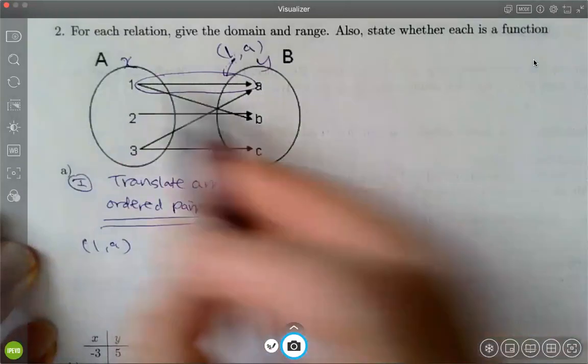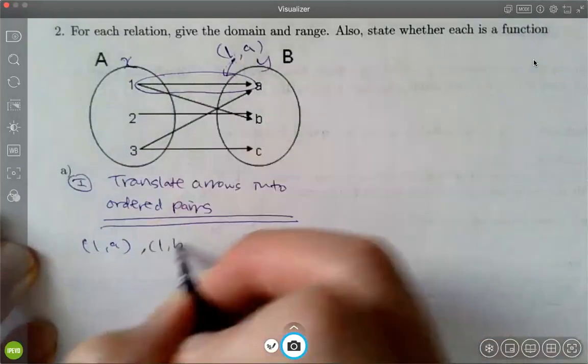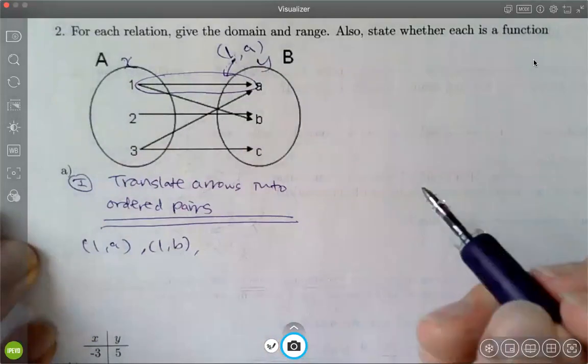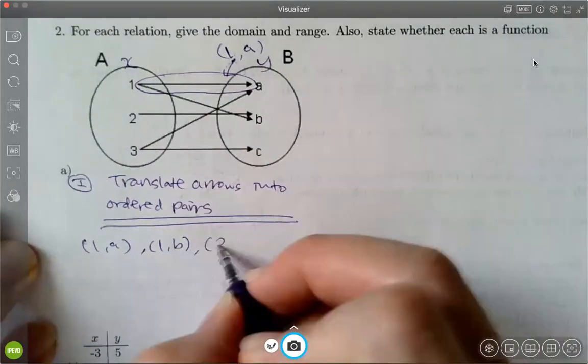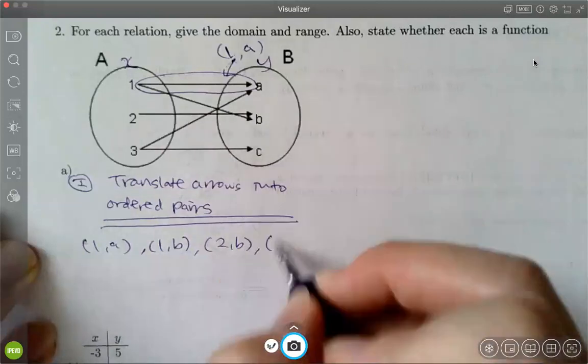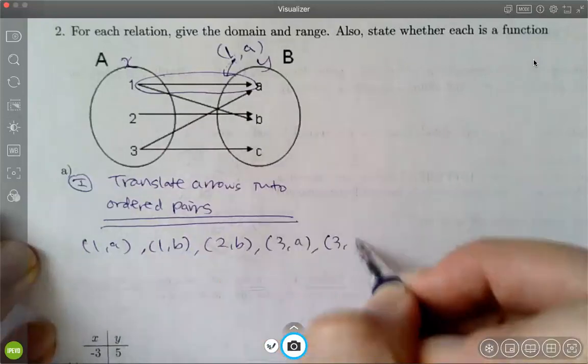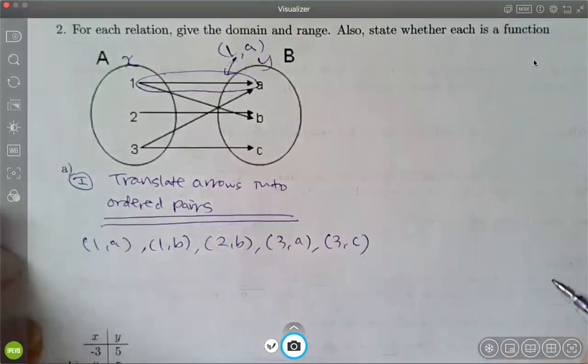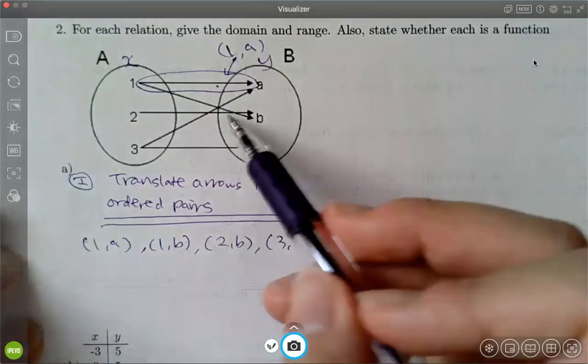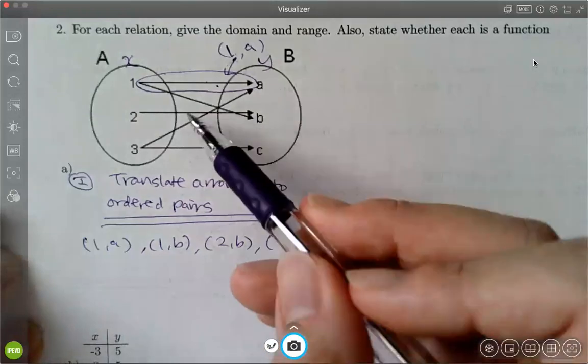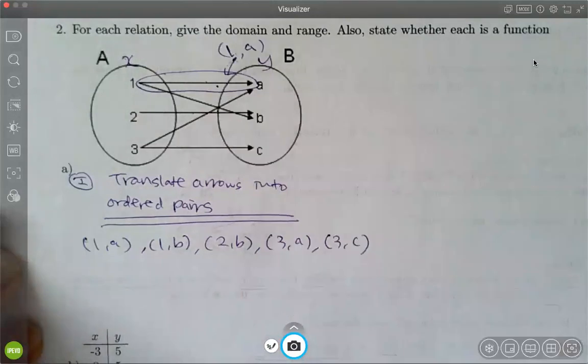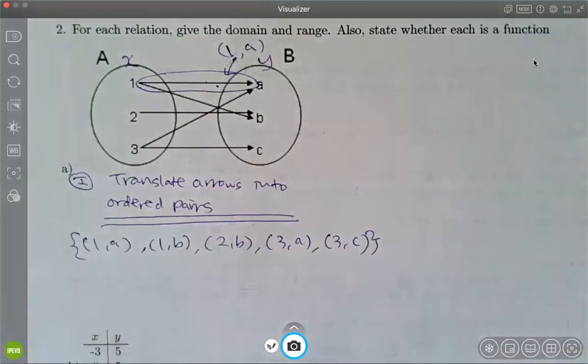So what do we have? 1B, 2B, and then 3A, and 3C, right? Did I count all the arrows? 1, 2, 3, 4, 5. I guess so. Just include them in the curly bracket, then it's the relation, right? So even though we have a picture, we can translate that into a set of ordered pairs.